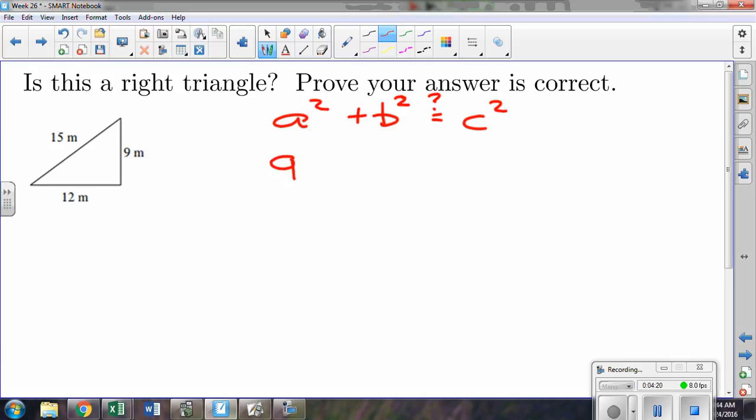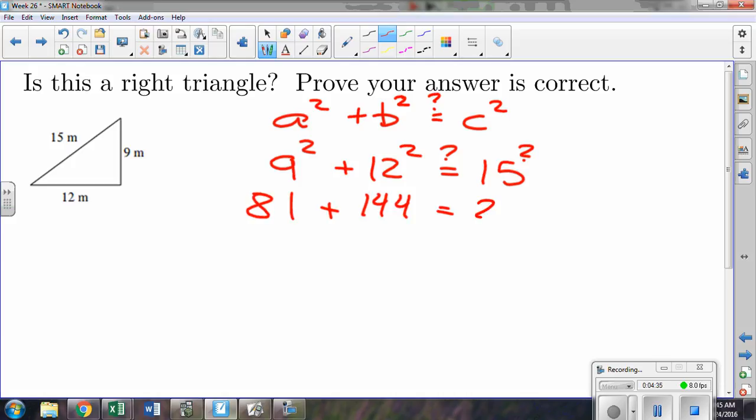So we'll take leg squared, leg squared. Does it equal the hypotenuse squared? Well, 9 times 9 is 81. 12 times 12 is 144. 15 times 15 equals 225. Does 81 plus 144 equal 225? Yes. So yes, this is a right triangle.